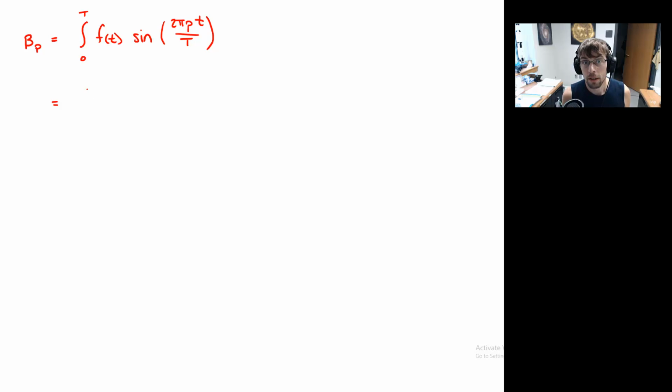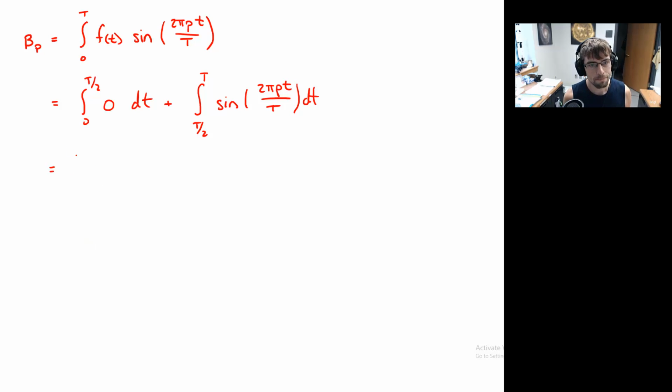So again, from 0 to T over 2, my function f of t is 0, and so I don't need to do anything else there. But the second piece I get from T over 2 to T. And again, we have our sine of 2 pi p t over T dt.